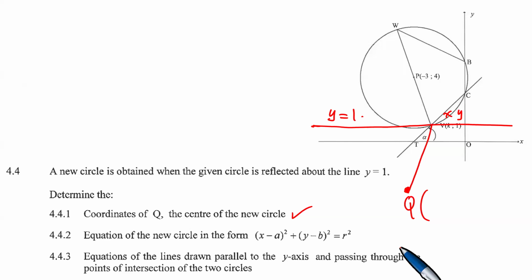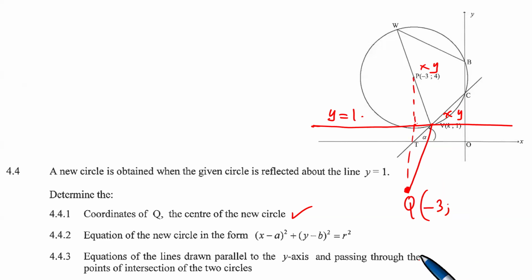If this one is reflected, it's going to be the same distance. So the distance from here to there is the same, and that means the x is going to be the same. Q is going to have the same x.